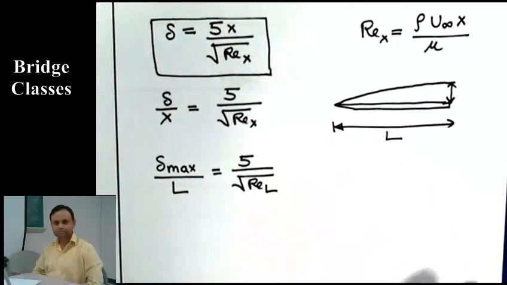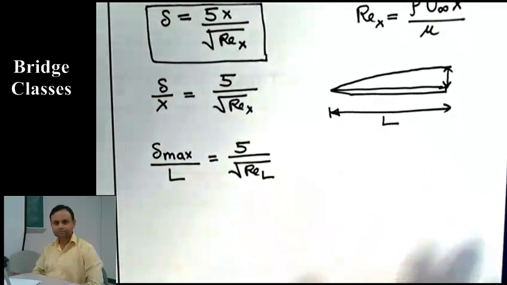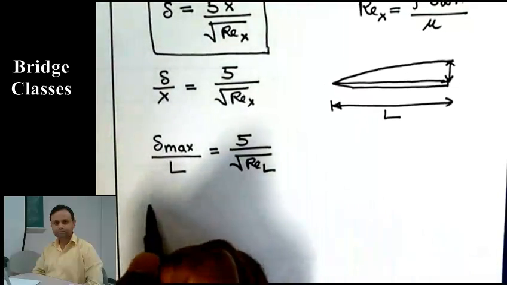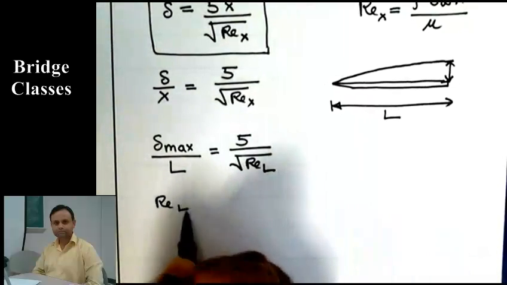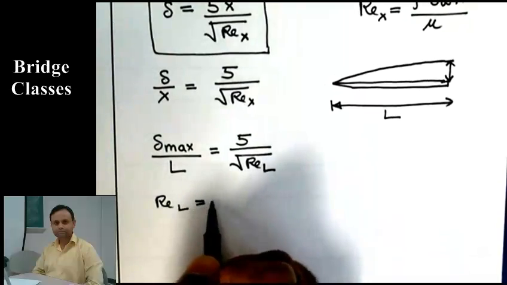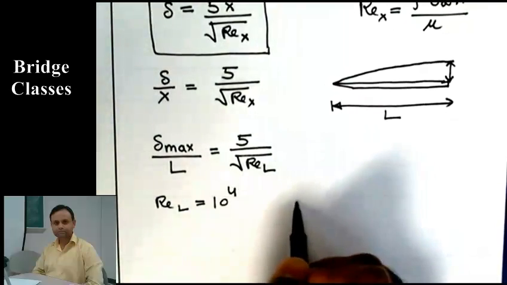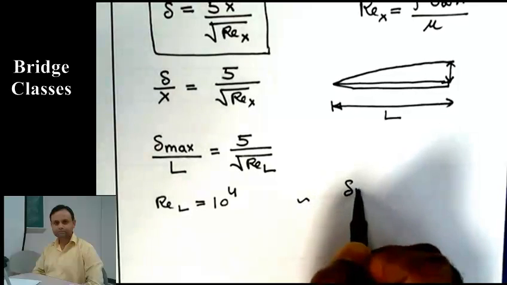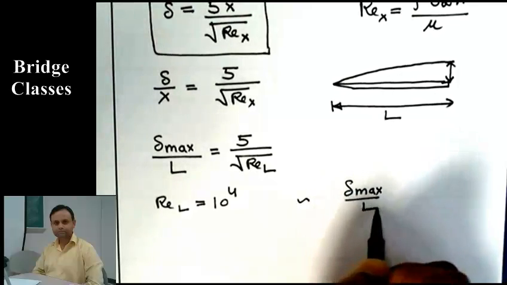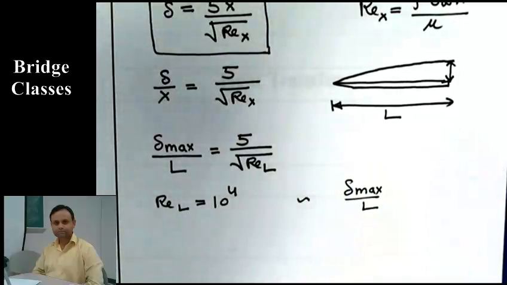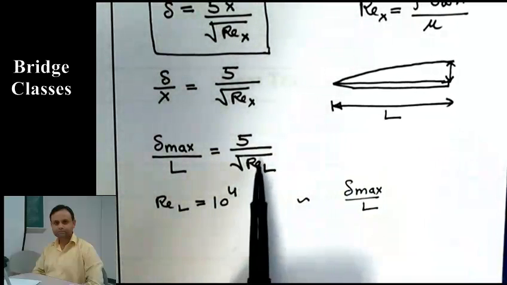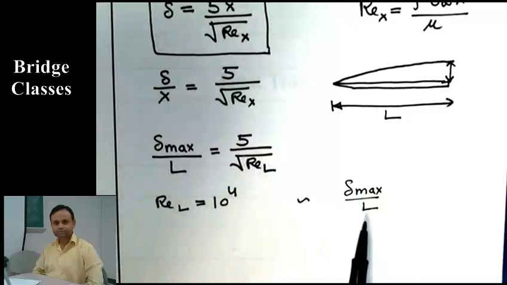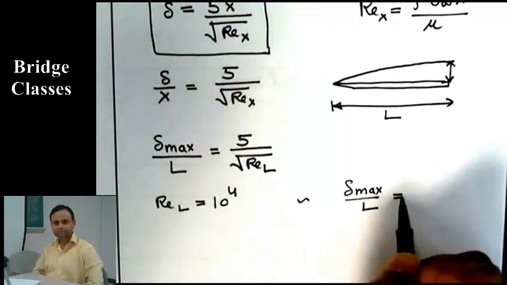Let us now consider some values. If Reynolds number L is 10 to the 4, what will be this delta max over L? The square root becomes 100, so delta max over L will be 0.05.